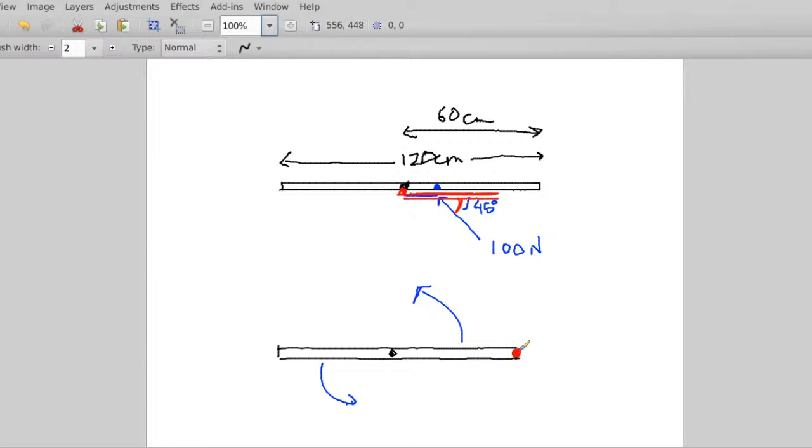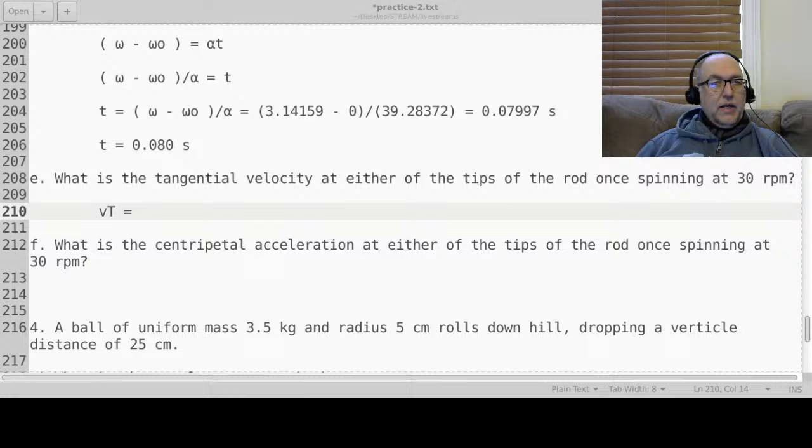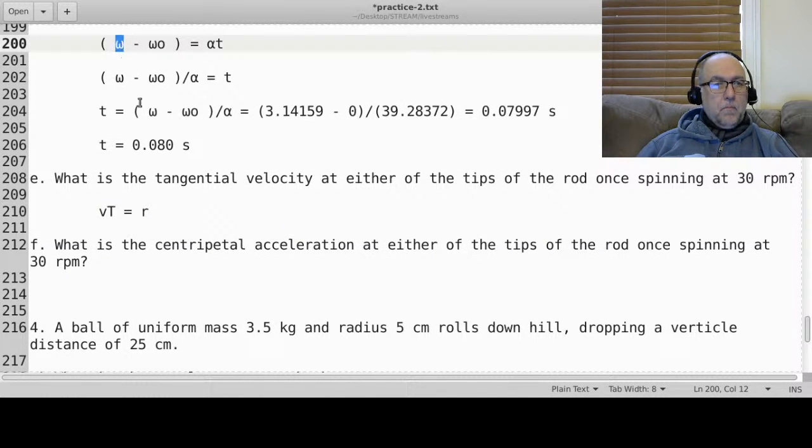I want to know how fast this red speck is moving. Now I know it's going along a circle, but it still has some linear velocity, even though it's along a curve. So that is given by this formula right here, r times omega.